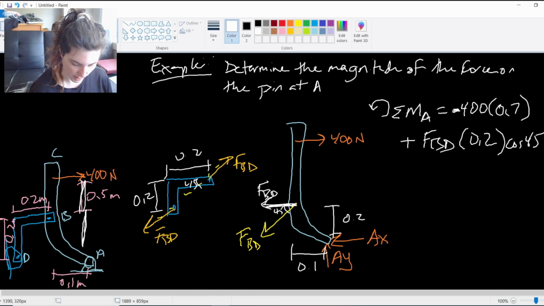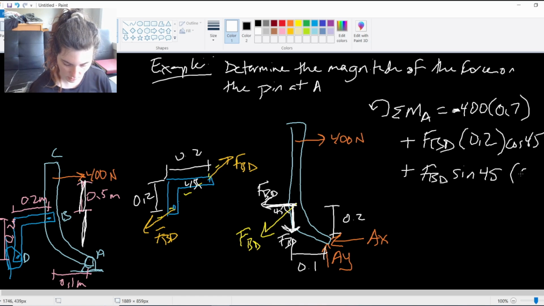And then finally we have our other component, our y component, sorry, of FBD. That would be FBD sine 45, the y component of FBD. And it's 0.1 away, and it's also going counterclockwise, so it's positive. So that's our moment setup, right?